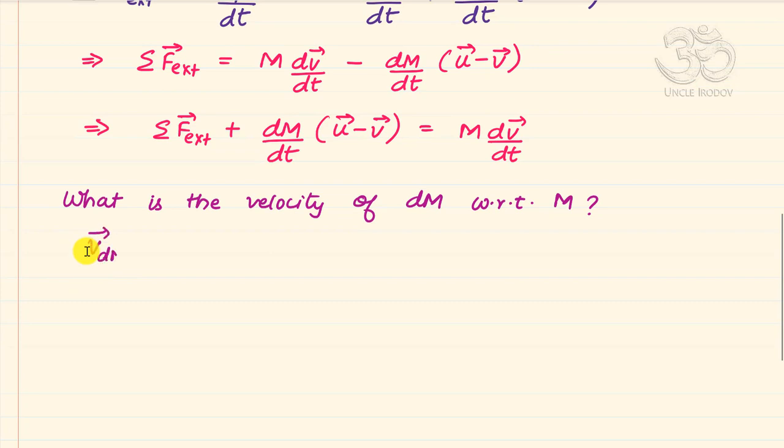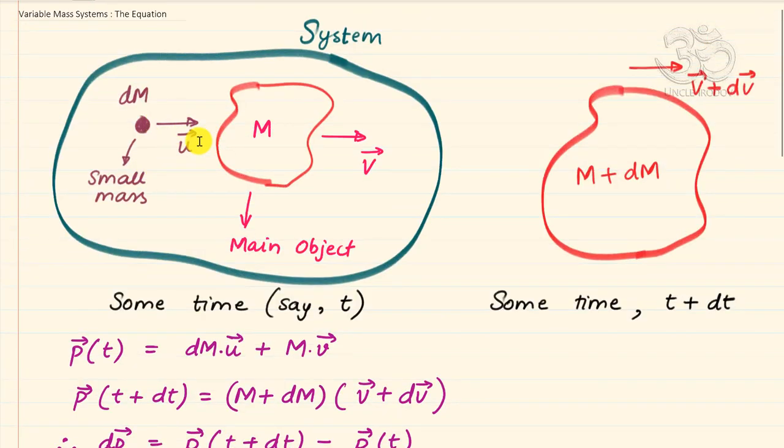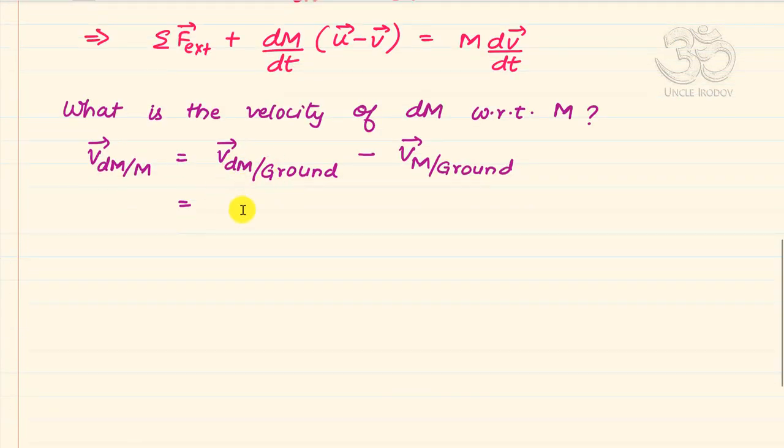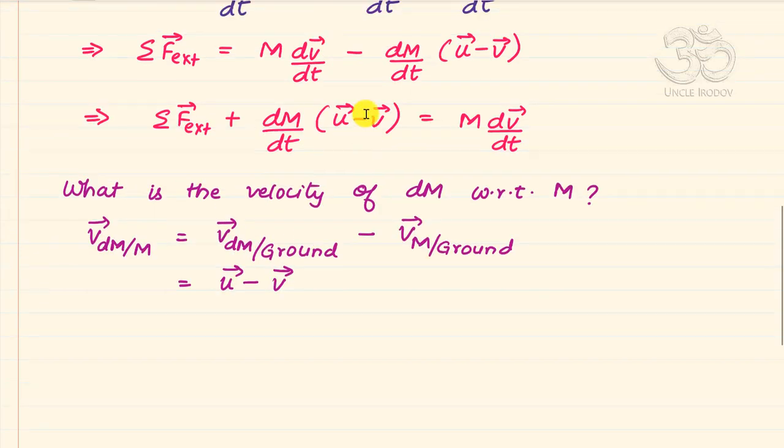Velocity of dm with respect to m is going to be velocity of dm with respect to ground, let us say, minus velocity of m with respect to ground. And I know both these velocities. I know that the velocity of dm with respect to ground is what I have taken as u, and the velocity of m with respect to ground is what I have taken as v. So these are the velocities with respect to an observer that is standing somewhere here, let us say on the ground. So I have got this as u minus v, which is exactly the term which I have here.